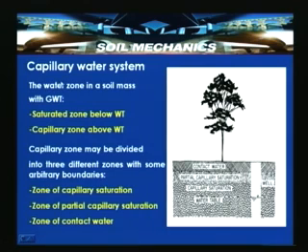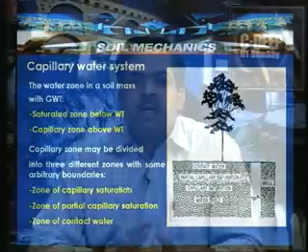If you divide the water zone in the soil mass with the groundwater table, it can be divided into the saturated zone below the groundwater table and the capillary zone above it. This capillary zone is again divided into a capillary zone with complete saturation and a partially saturated zone. The capillary zone may be divided into three different zones with some arbitrary boundaries. These boundaries are very arbitrary; they vary with time and climate.